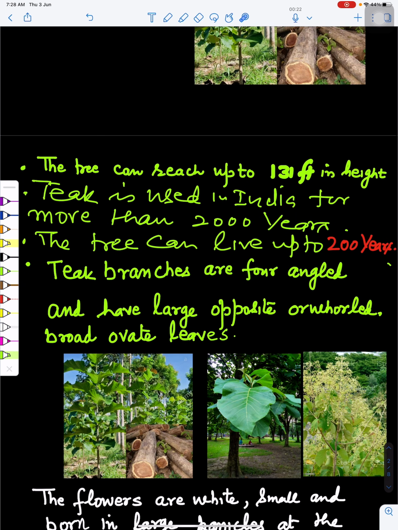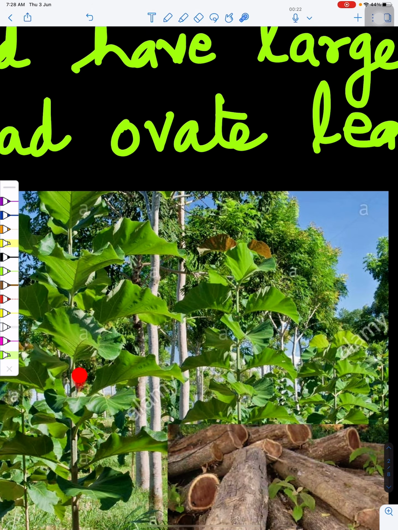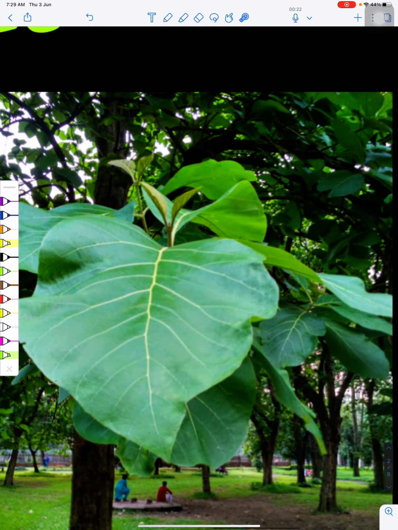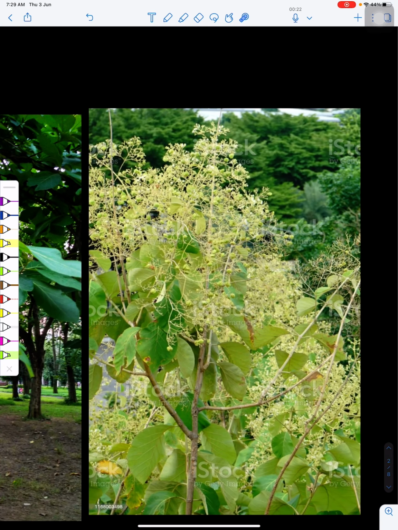Now if we see its morphology, this has a main stem, then we can also see these are its leaves and these are its branches and these are its flowers.